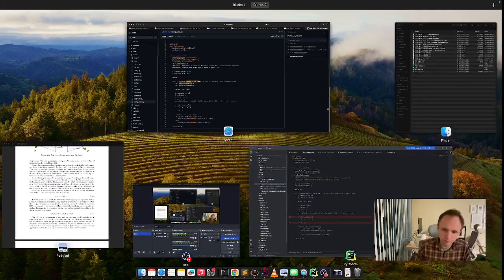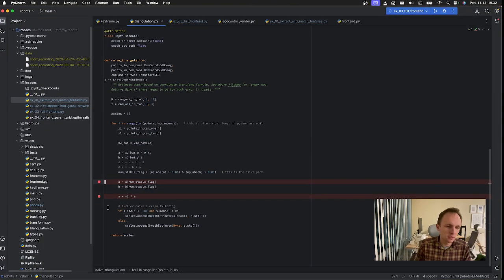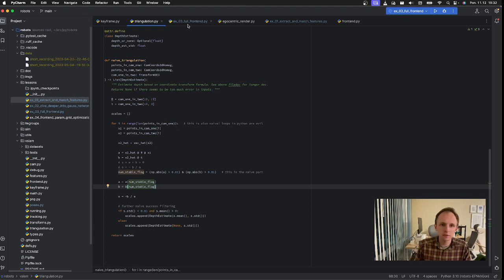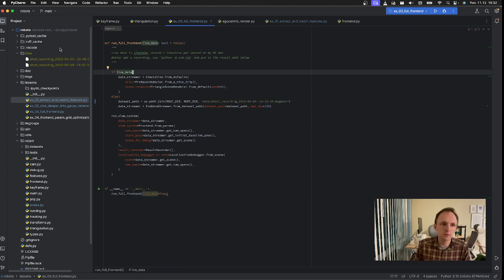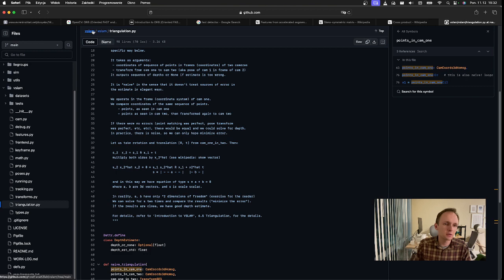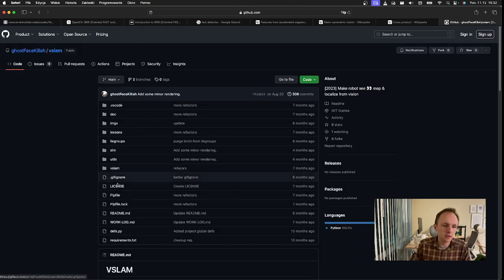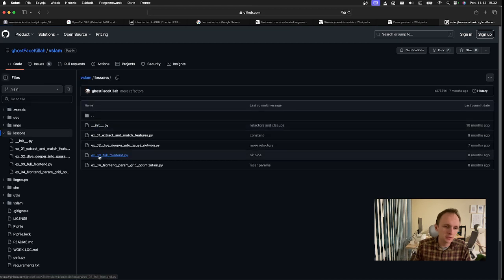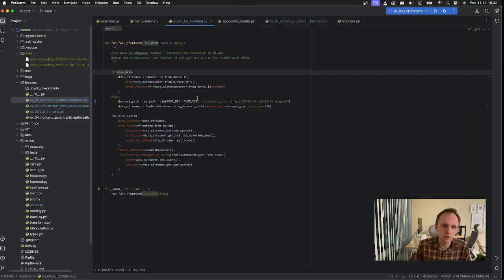So let's see. I start from this exercise 03, full front end. In the original repo, it goes VSLAM, lessons, exercise 3, full front end. And then I run it. I say live data equals true. So I run it.